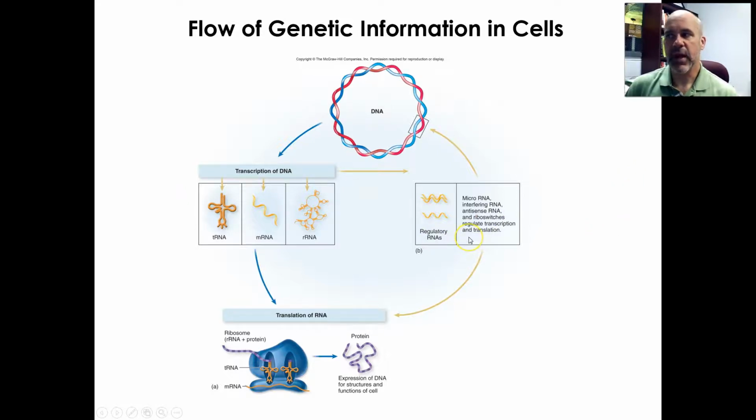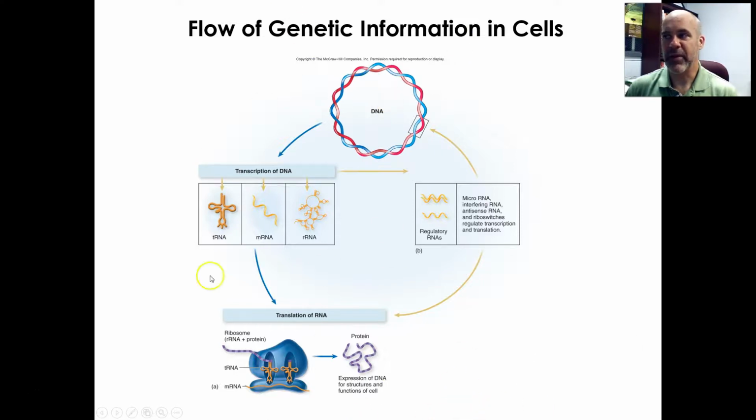They're regulatory RNAs because cells very carefully regulate what proteins they make. It takes a lot of energy to produce those proteins. Let's say this protein is an enzyme that's needed to help you catabolize a type of sugar, to break that down. Well, if that sugar's not around in your environment, you don't need the enzyme.